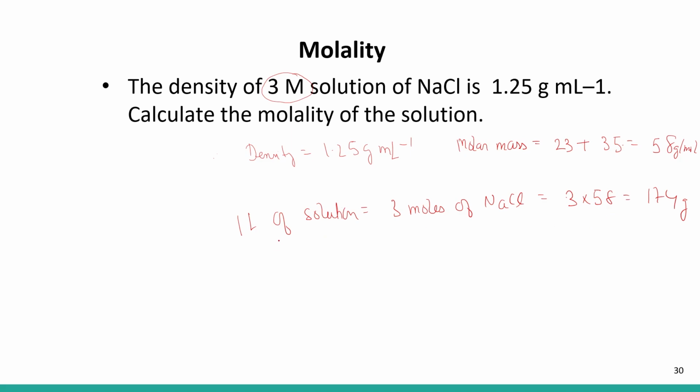Now, what is the mass of the solution present in 1 liter of solution? It is the mass of 1 liter of solution. So we know the formula that density is equal to mass per unit volume. So mass will be equal to volume into density of that solution. So volume is 1, and density is 1.25.